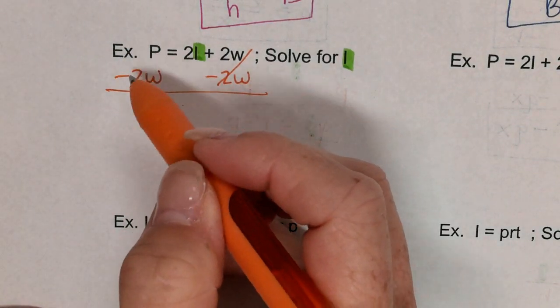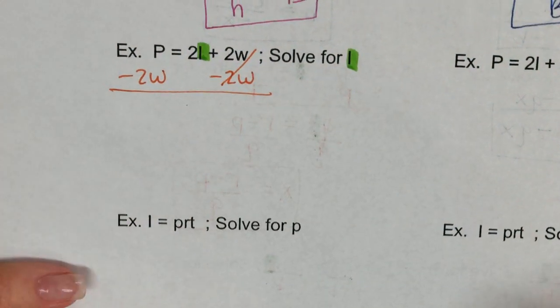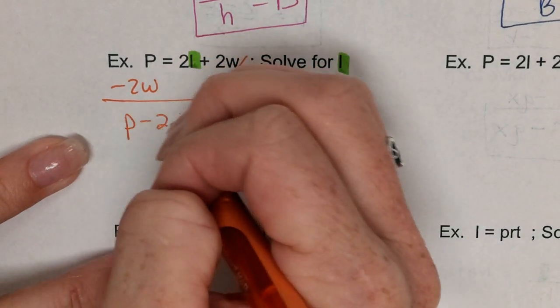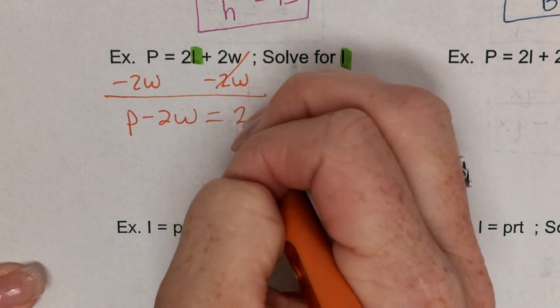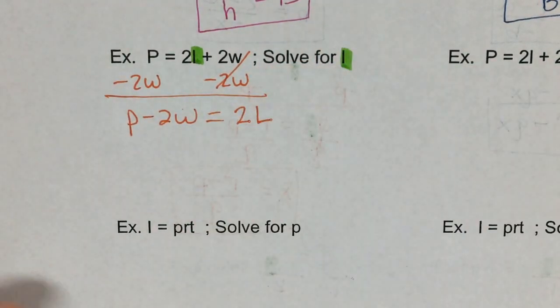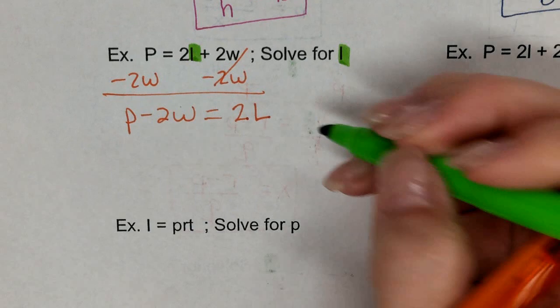So, can I combine these? Nope, so I just write them together. P minus 2W. Could I put negative 2W plus P? Yes, same thing. Equals 2 times L. I'm going to put a capital L so it doesn't look like a 1. What am I trying to get by itself?